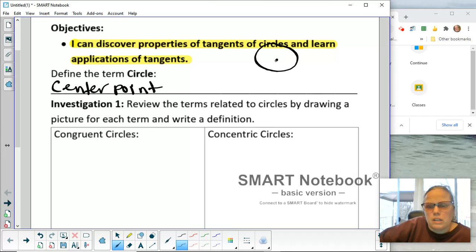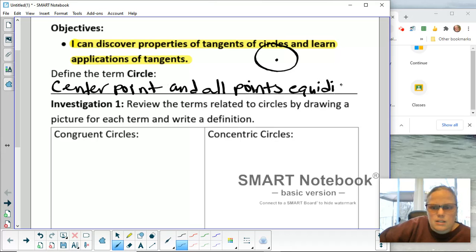And so we're actually looking at point after point after point, all smashed together. And those points, representing this outer edge here, are actually all equidistant, or the same distance away from the center. And that's because we have a specific radius when we're looking at circles. So we have a center point, and all points equidistant from the center.